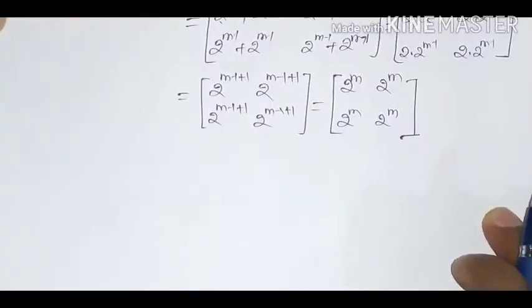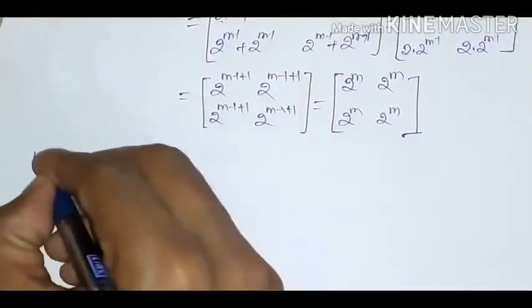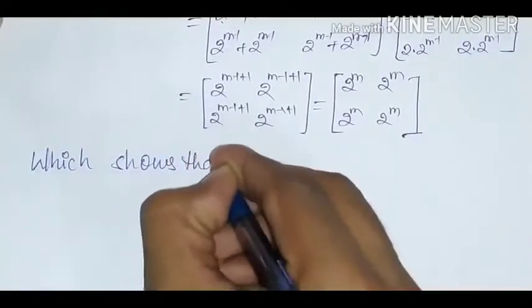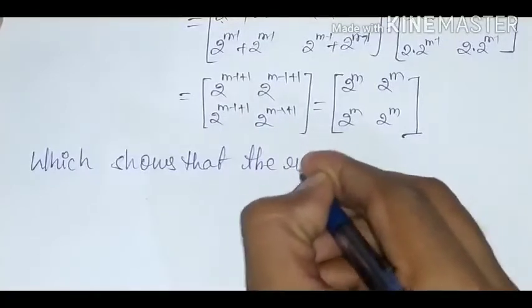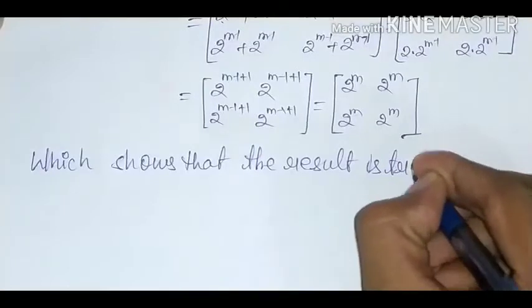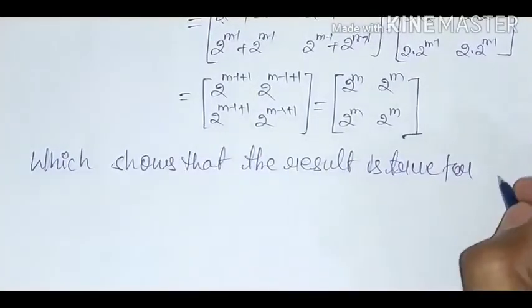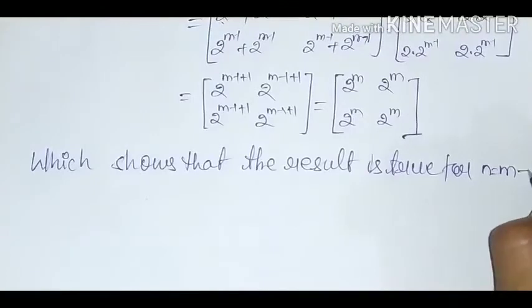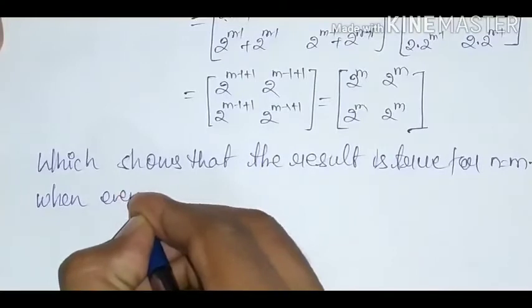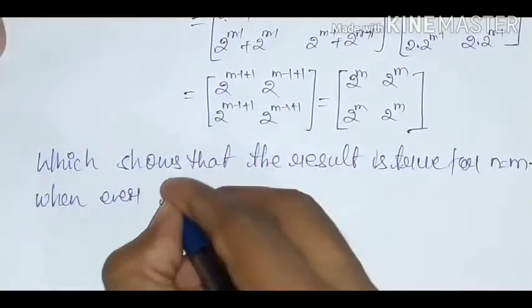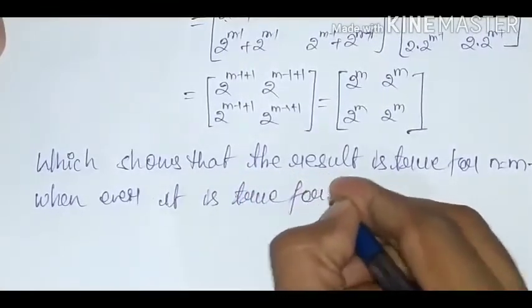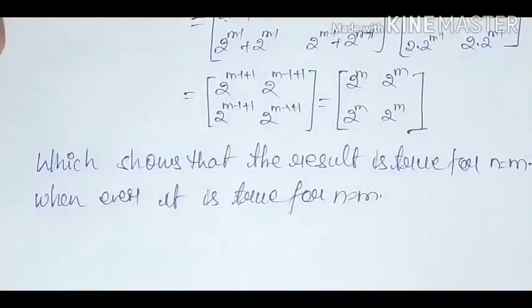It shows that the result is true for n equals m plus 1 whenever it is true for n equals m.